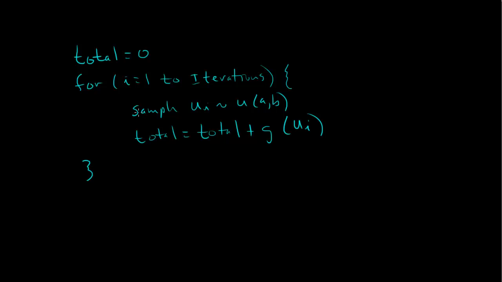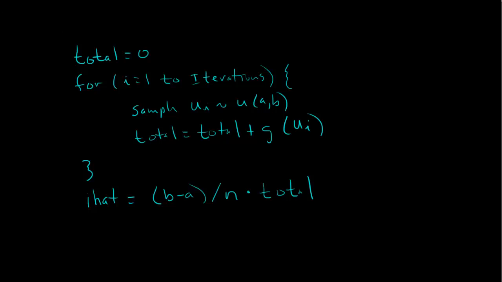And so I have now summed up all of my individual g of ui values. And so now our estimate, which I'm going to call I hat, is simply equal to b minus a divided by n times total. And so this simple pseudocode gives me the logic for doing a Monte Carlo simulation.